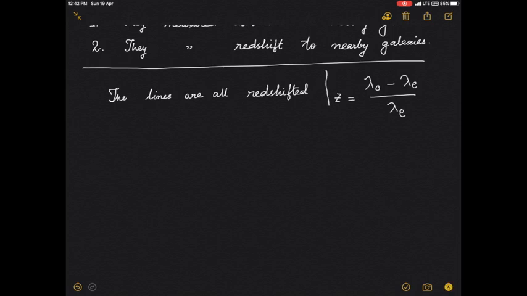So that's the definition of the redshift. And it's called redshift because if the observed wavelength is more than the emission wavelength, then z is greater than 0. Okay. So that's what they observed.